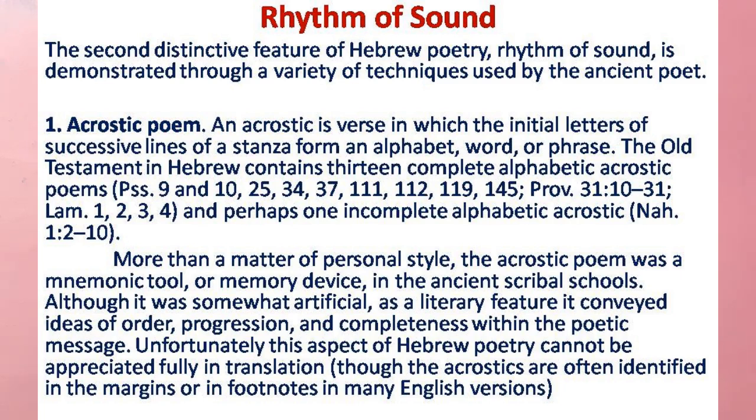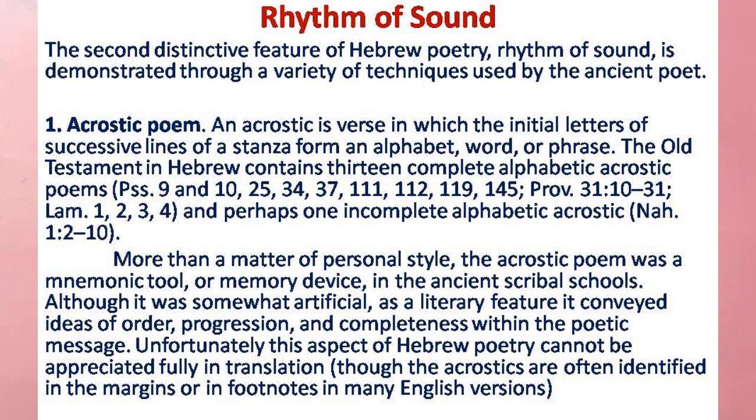Although it was somewhat artificial, as a literary feature it conveyed the ideas of order, progression, and completeness within the poetic message. Even though it is an artificial tool, it gives a message. Through that, the writer had a desire to teach some lessons to the students.